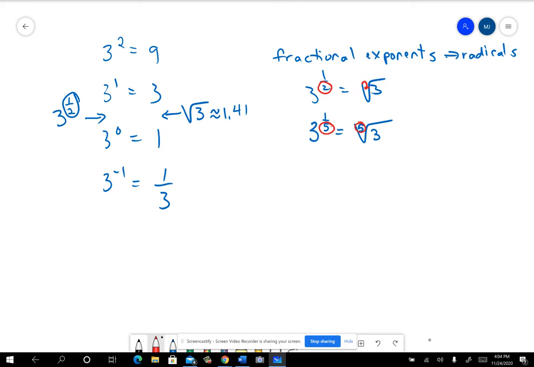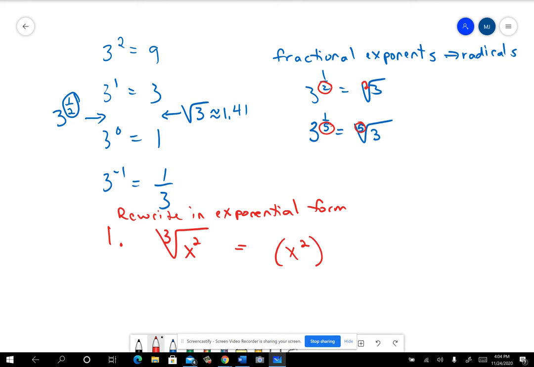On problem number 1 on the worksheet, the problem asked to rewrite in exponential form. They gave it to you in radical form. So you're going to have x to the second, raised to the 1/3 power. See how the index was 3? That corresponds to the denominator of the fractional exponent.